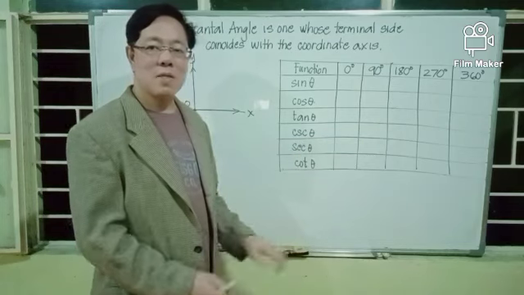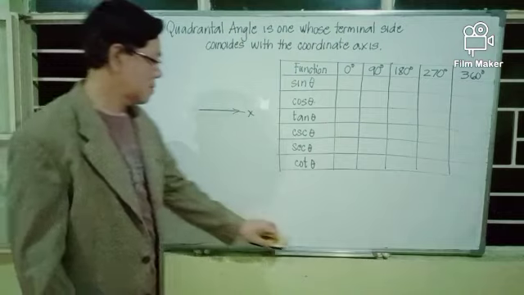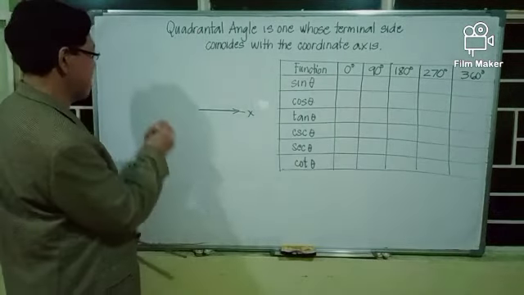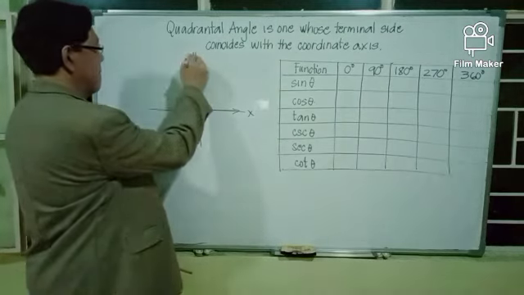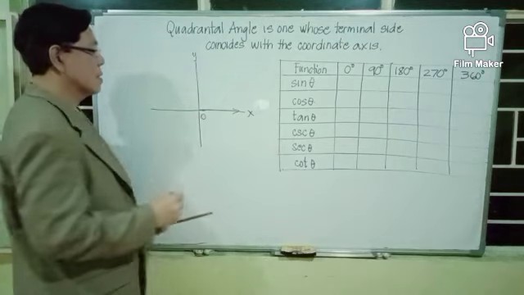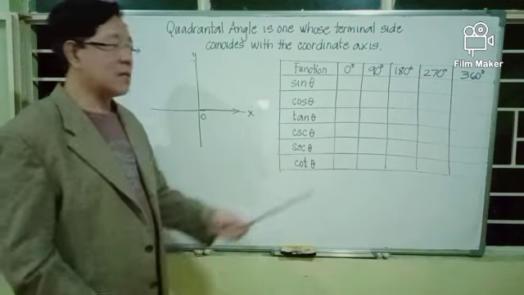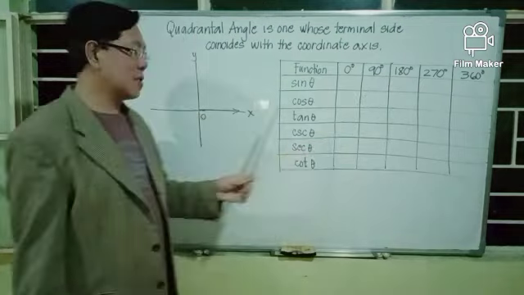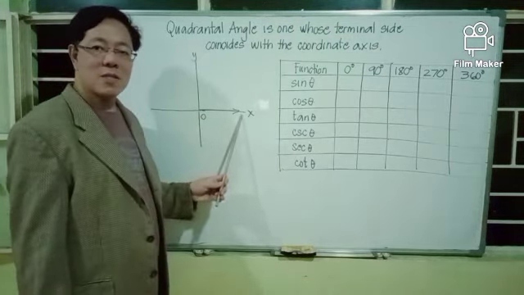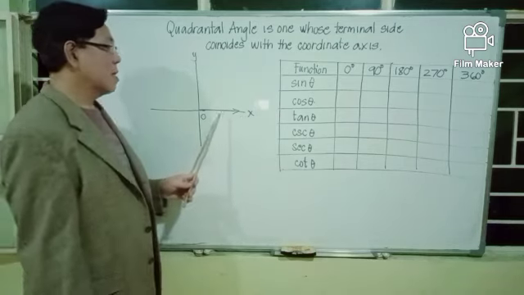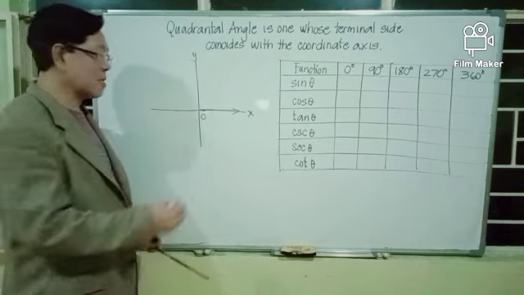180 degrees is also a quadrantal angle. If we construct the angle 180 degrees in standard position, its vertex is at the origin, and its initial side lies on the positive x-axis, but its terminal side will lie on the negative side of the x-axis.